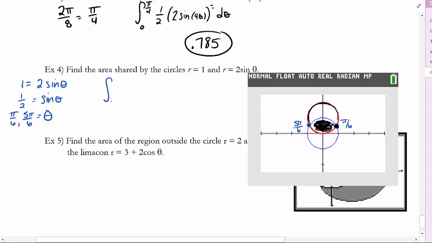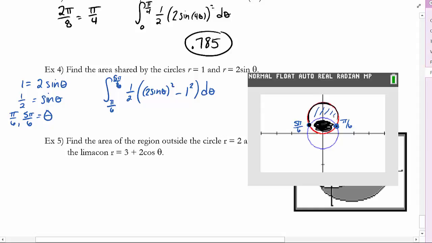So if I do the integral from pi over 6 to 5 pi over 6 of 1/2 outer r squared, which would be the red in this case, minus inner r squared d theta, I'm going to get this region out here.